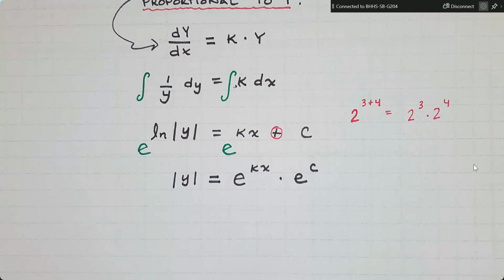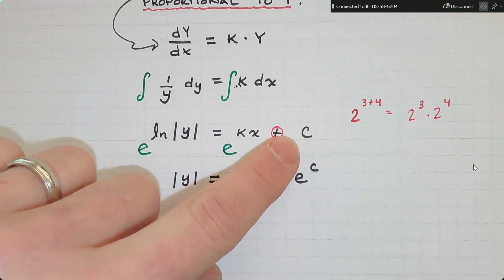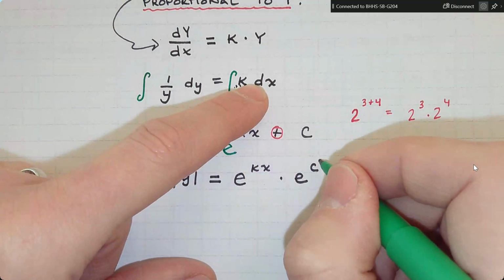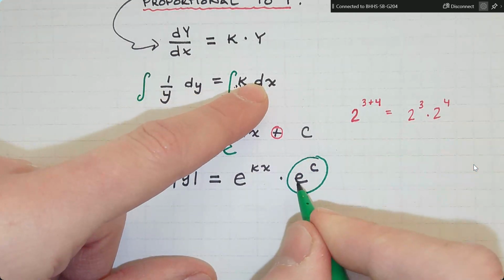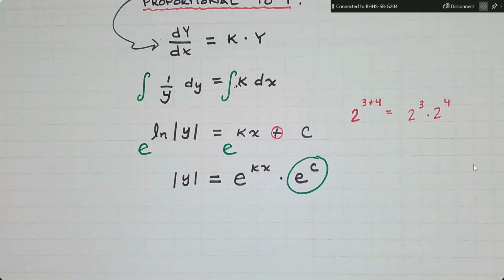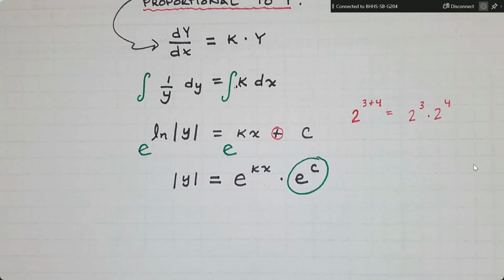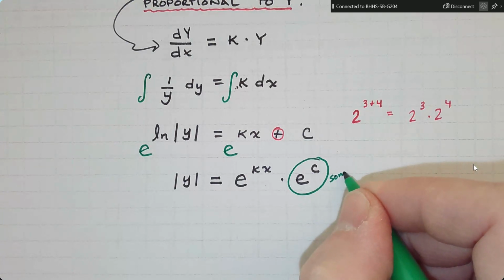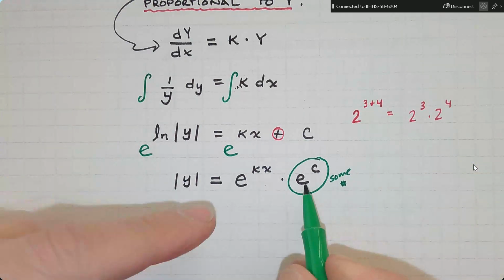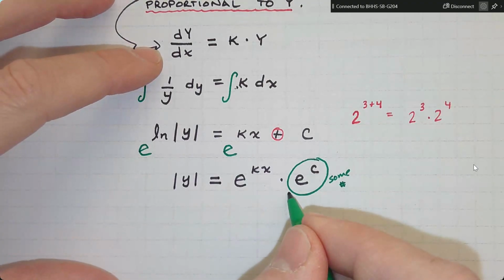Everybody good up to there? Okay. c is a constant. What do you get when you raise e to that constant? You get, this is really exciting, yet another number, right? So this is some number. I don't know what it is, but I don't like writing it as e to the c.